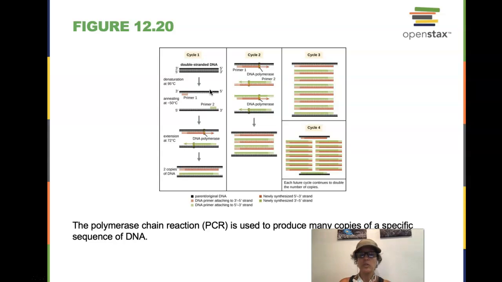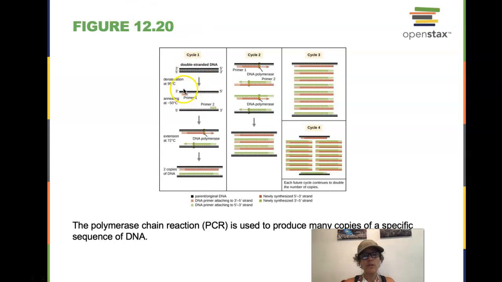We have to know something about the DNA sequence. We can use DNA that's been put in a plasmid because we know the entire sequence of the plasmid, and we can use primers that start in the plasmid, and then the replication will go through where the insert is in the plasmid.